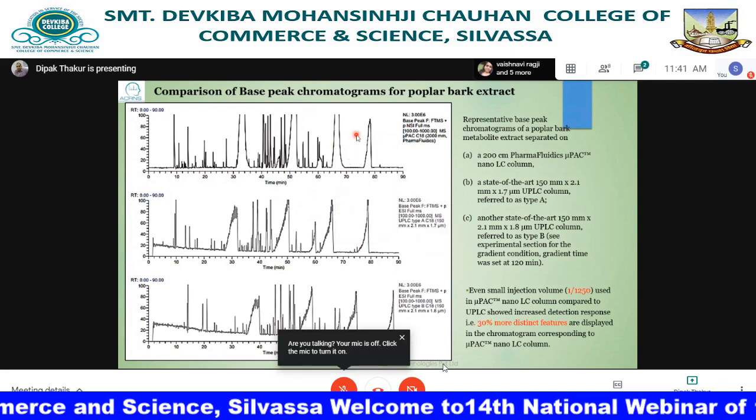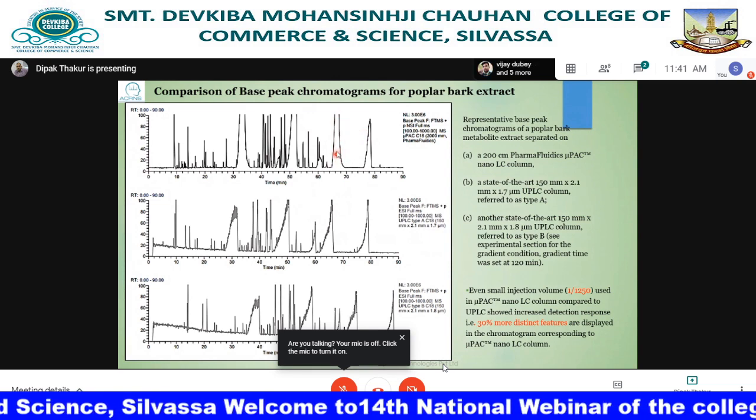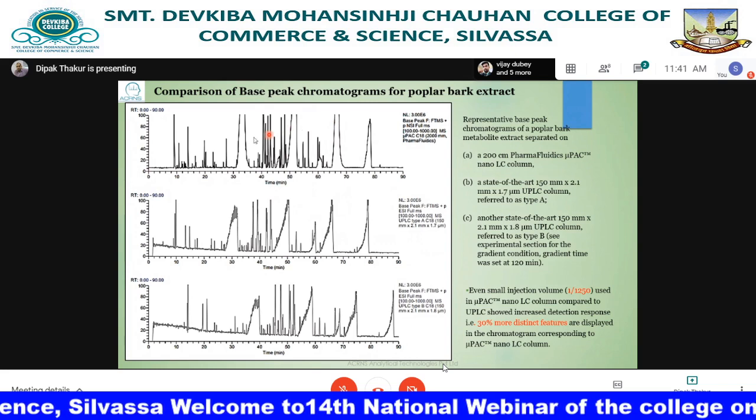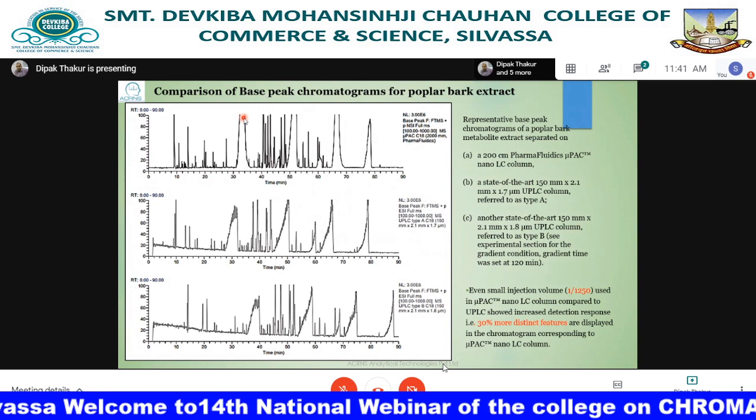If you see here, see the shape of the peaks. These are the most abundant compounds. See how big these peaks are. One, two, three. These are the very abundant molecules in percentages.